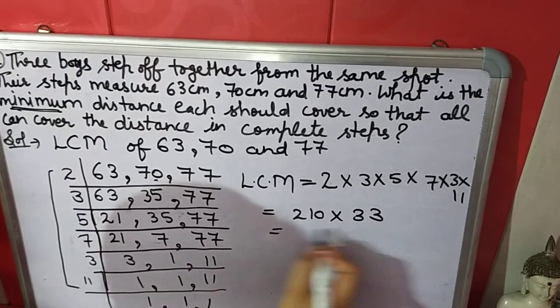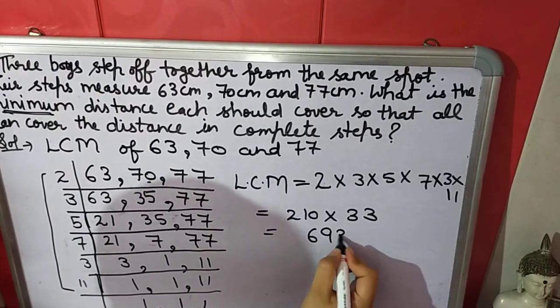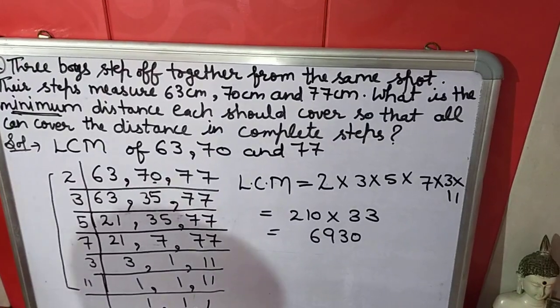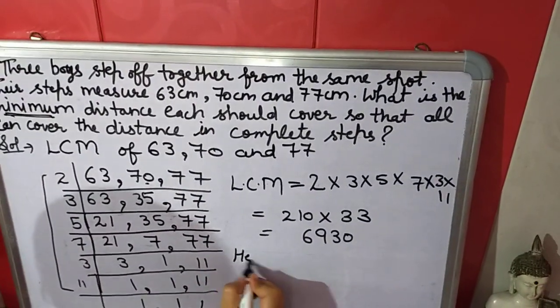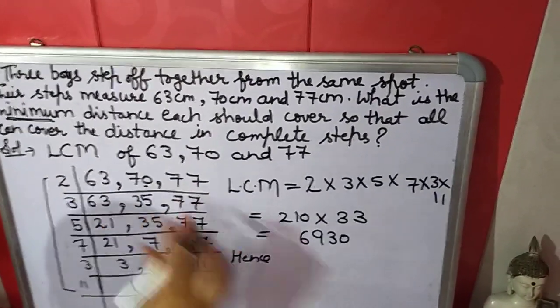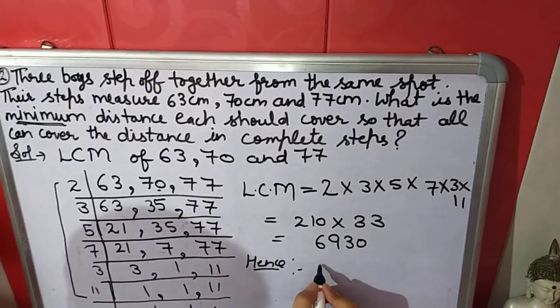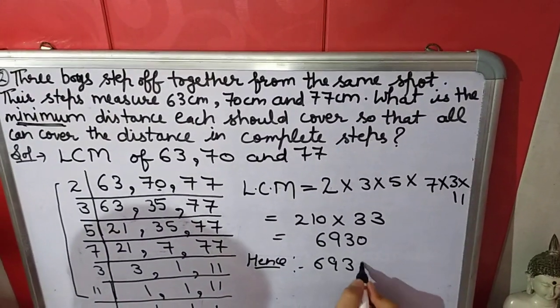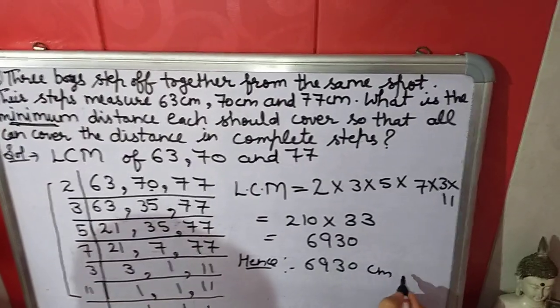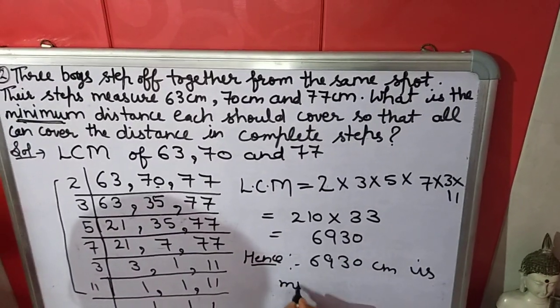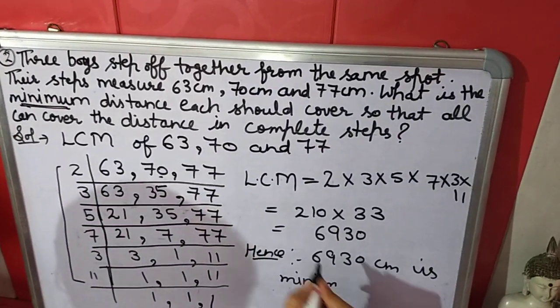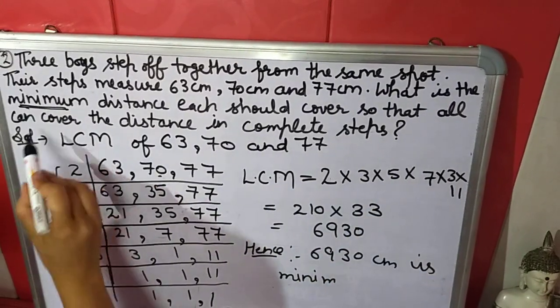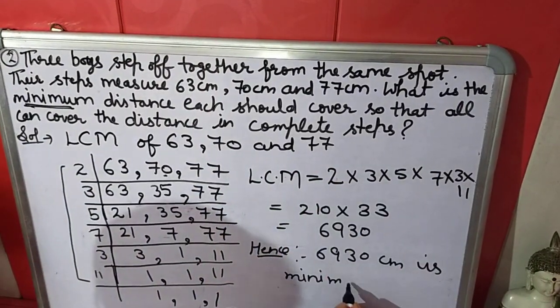When you multiply these numbers, 6930 will come. Okay. So hence this is the LCM of these numbers. Hence 6930 centimeter is the minimum distance that each should cover, so that all can cover the distance in complete steps.